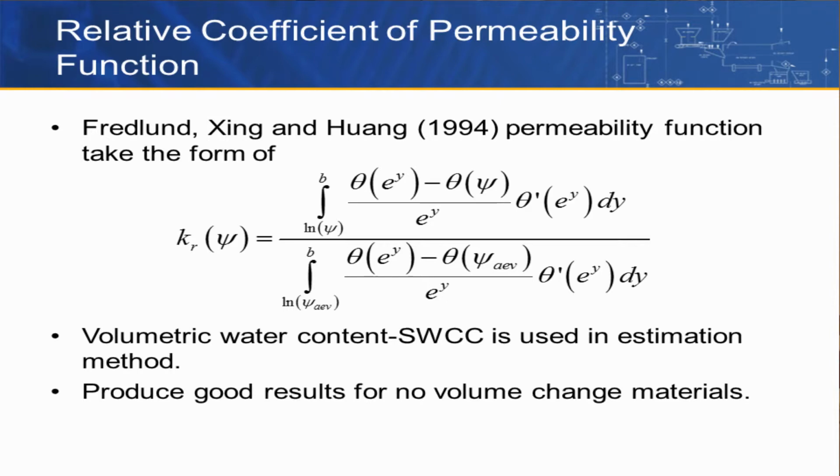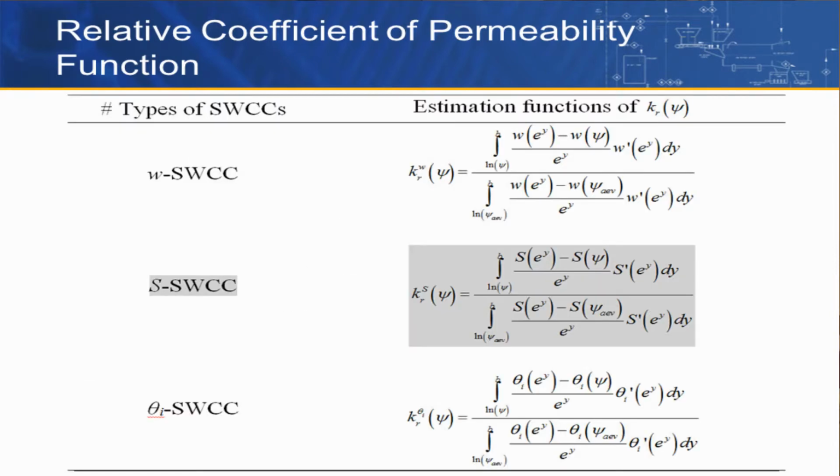It uses the volumetric water content SWCC to estimate the permeability. It produces very good results for no-volume-change materials, but for high-volume-change materials, using different soil water characteristic curves, it produces different results. And it is the second equation here, using the degree of saturation soil water characteristic curve, that produces correct results for the estimation of the coefficient of permeability.